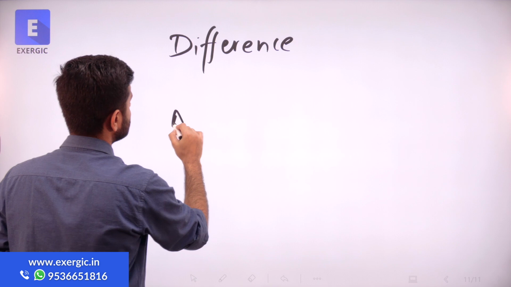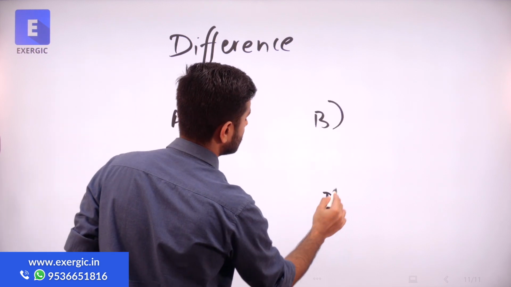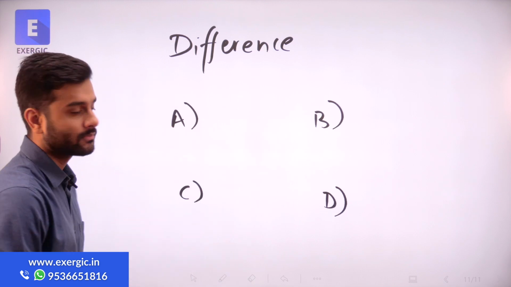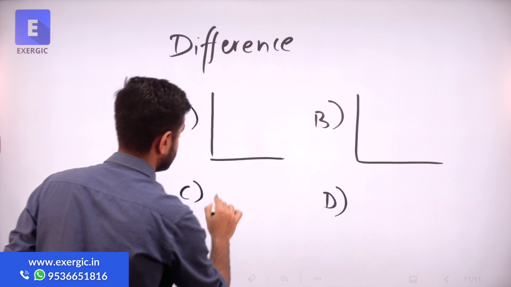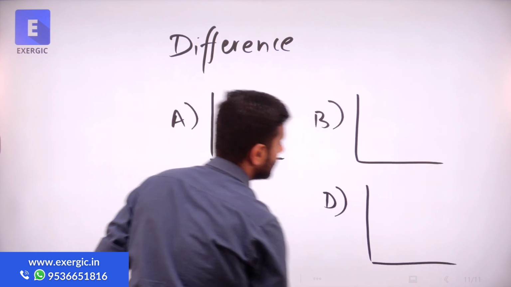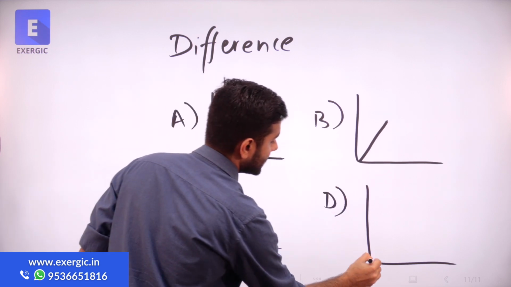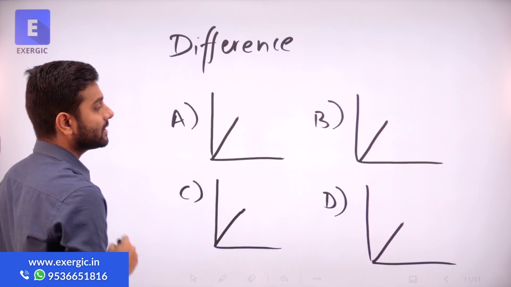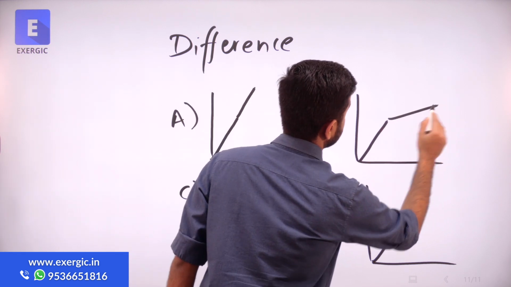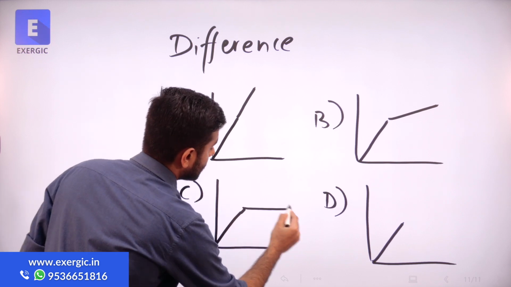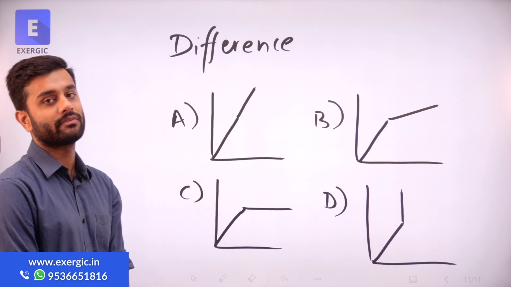For example, suppose there is a question of strength of materials where maybe some stress variation is asked, and 4 graphs are given, and in those 4 graphs the initial part is exactly the same, right? But after that, one continues one way, another continues at some other angle, one of them becomes horizontal, one of them becomes vertical. Suppose this is how the 4 options are framed.